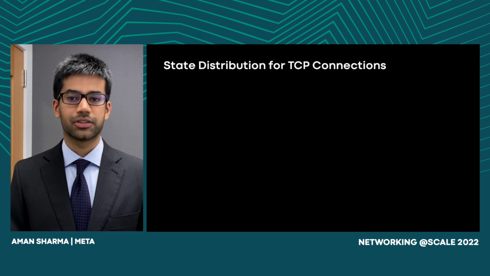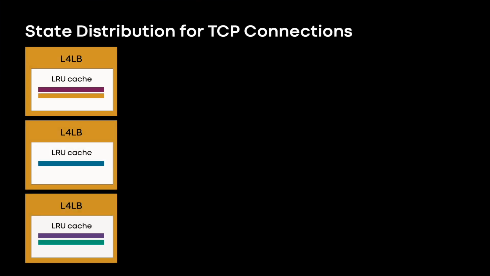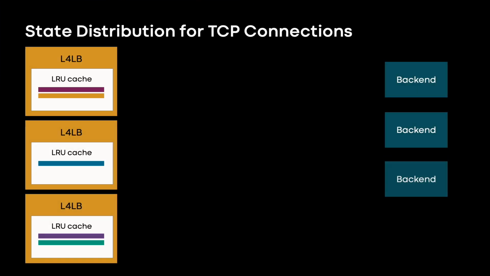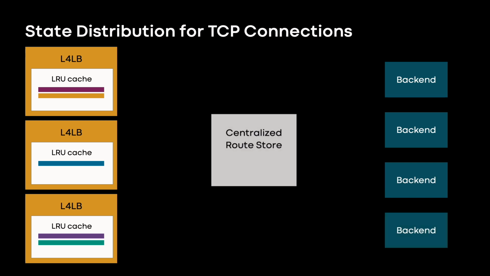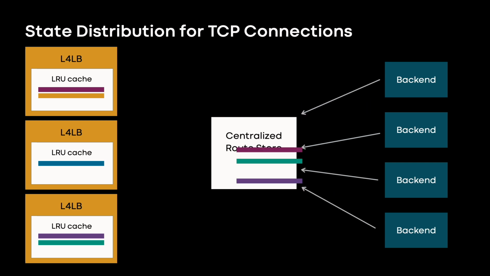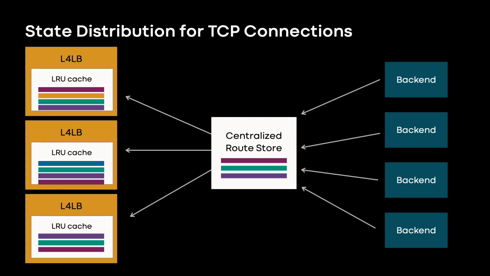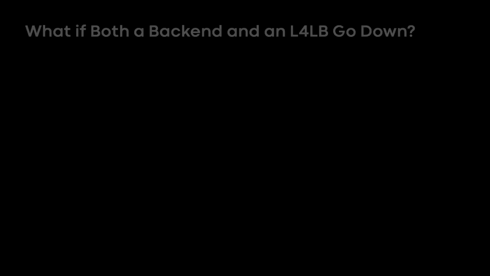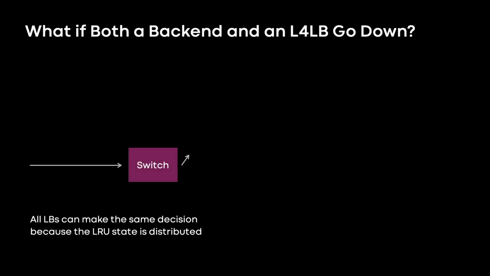So let's take a look at how this works. A cluster has Layer 4 load balancers and backends. We introduced a central component that receives 5-tuples from the backends for premium live stream connections, and this central component broadcasts these 5-tuples to the Layer 4 load balancers.